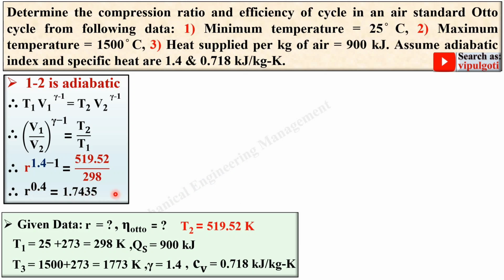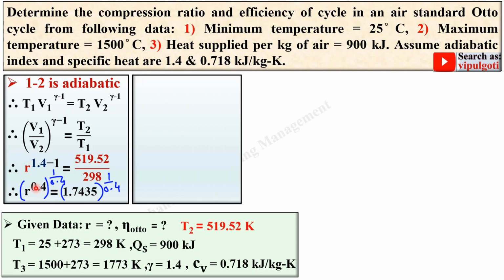Now simplify this equation so that you will get r. But my dear friend, how can you find this r? Very simple. Take the power on both sides as 1 upon 0.4. So 0.4 and 1 upon 0.4 will be cancelled over here, so it will be only r, and here it will be raised to 1 upon 0.4.